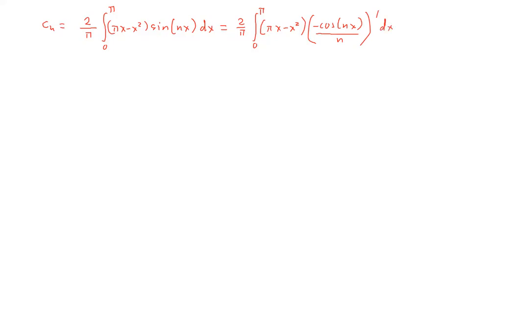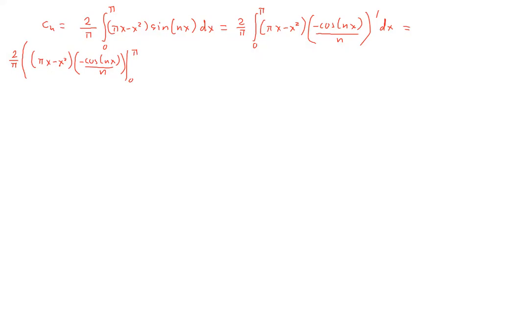Okay? So now we do 2 over pi times pi x minus x squared times negative cosine of nx over n, from 0 to pi. And here we have something really, really cool. Plug in pi, you get 0.